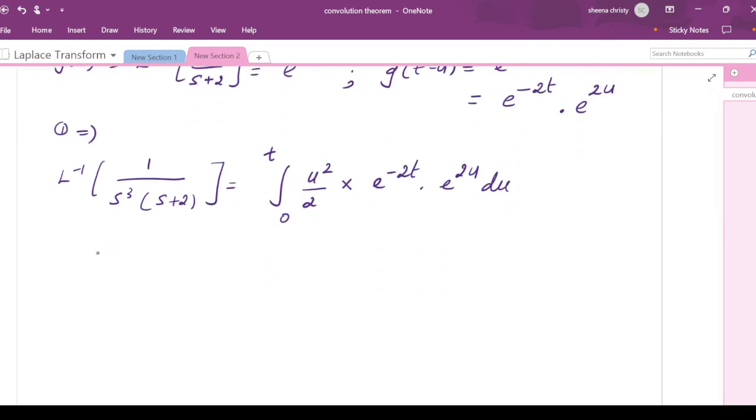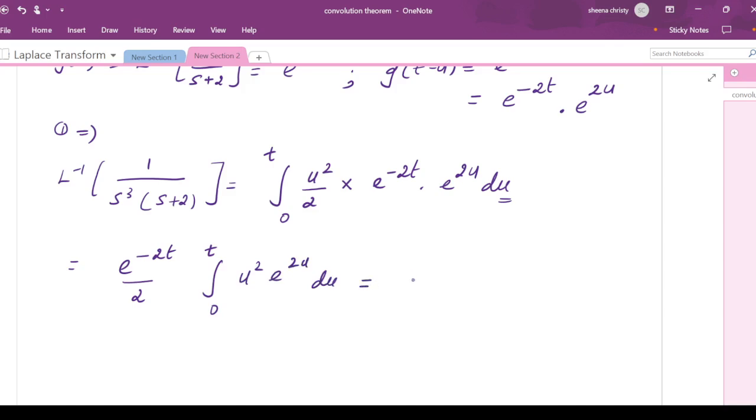When you are doing the integration with respect to u, you have to treat t as constant. You can take e power minus 2t by 2 as constant outside, integral 0 to t u square times e power 2u into du.